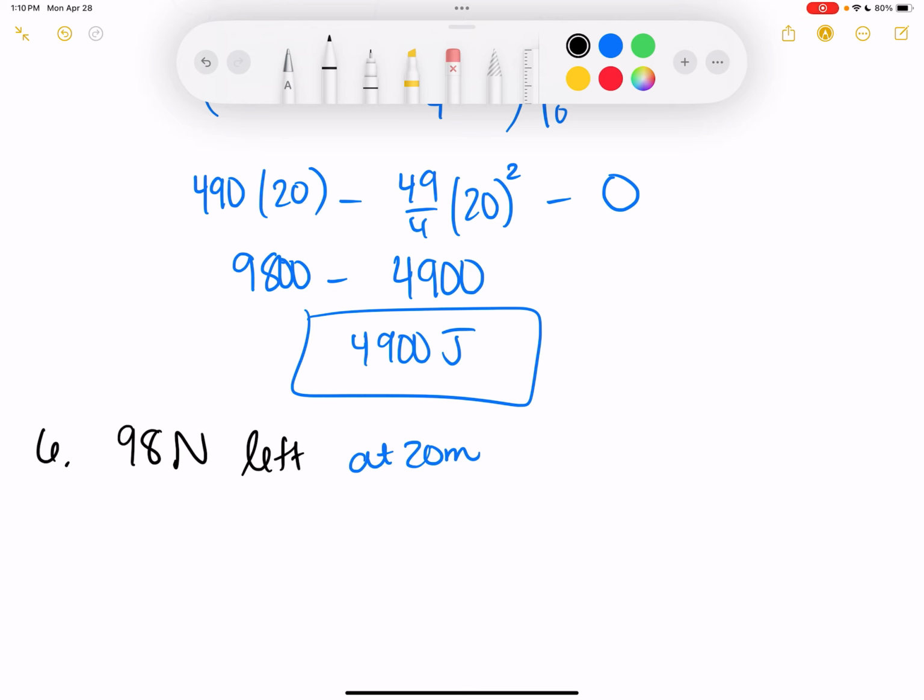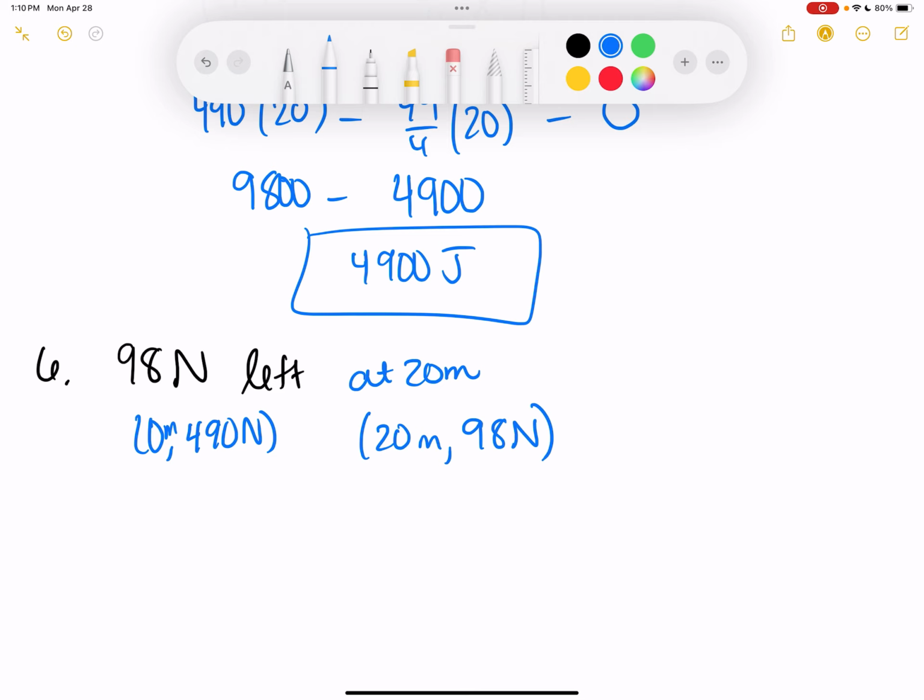At 0 meters, there's 490 newtons of water, and at 20 meters, there's 98 newtons of water. So I'm going to treat this like an XY pair, find the slope, and then use point slope form to write an equation of the line. It's been a hot minute since we did point slope form.